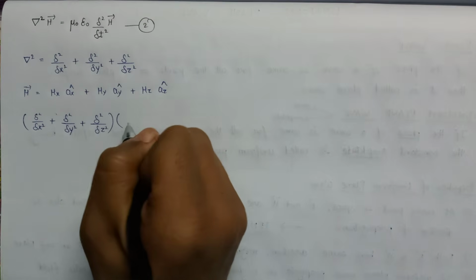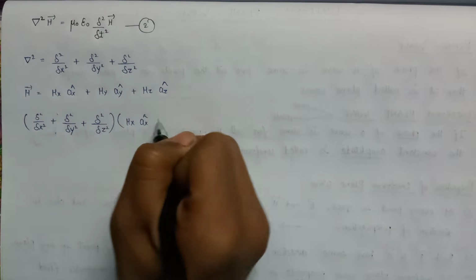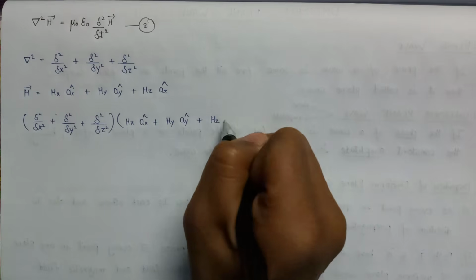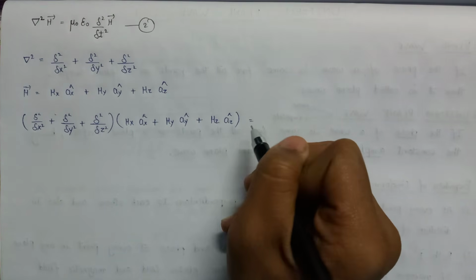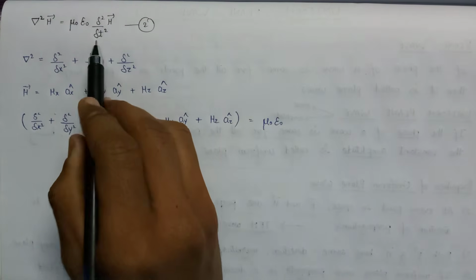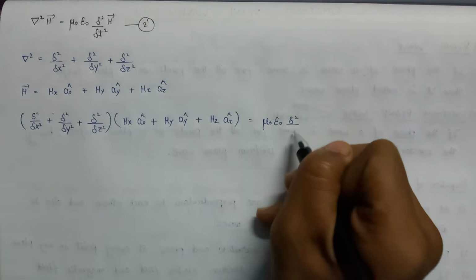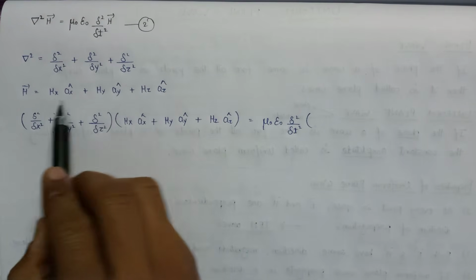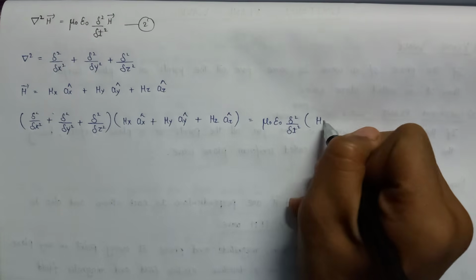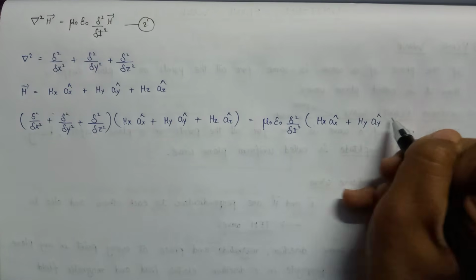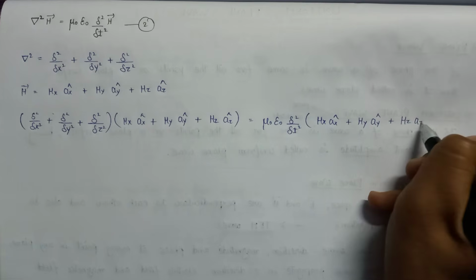And in terms of magnetic field intensity, we write this expression: Hx Ax cap plus Hy Ay cap plus Hz Az cap will be equal to mu 0 epsilon 0 del 2 over del t square, and in place of magnetic field intensity we write this expression, that is Hx Ax cap plus Hy Ay cap plus Hz Az cap.